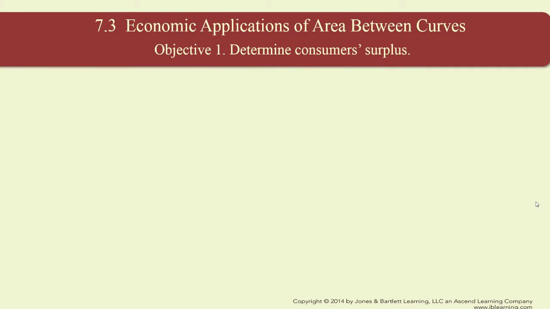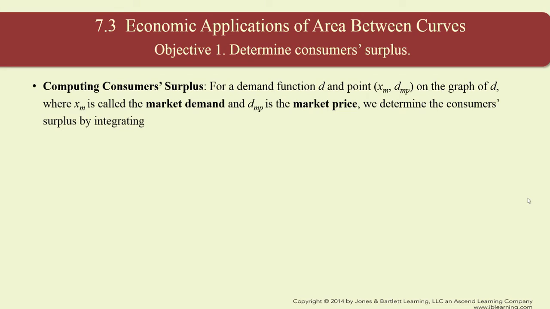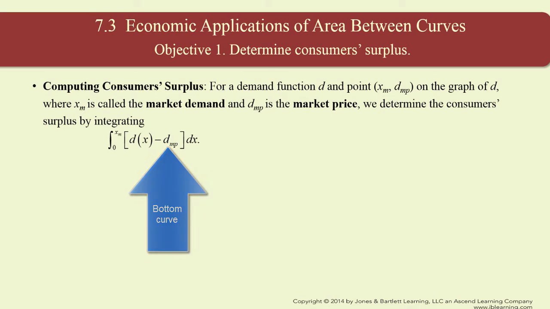So how do we find the area between two curves? Well, for any demand function D and point (x sub m, d sub mp) that's on the graph of D, where x sub m just represents market demand, and we already saw that d sub mp is the market price, we get the consumer surplus. Since we saw it's a region between two curves, we're going to get it by integrating the top curve minus the bottom curve.